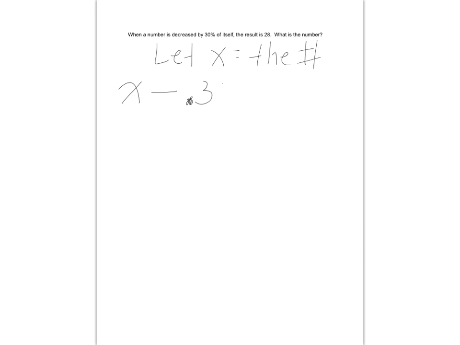And whenever you're finding the percent of something, you always have to multiply it by an amount. You can't just leave the 0.30 there by itself. So 30% of itself, meaning the number. So you write it like that. The result is 28.